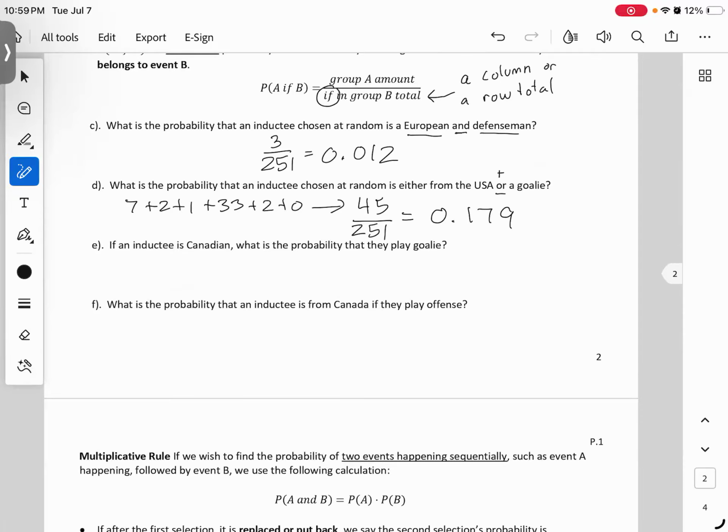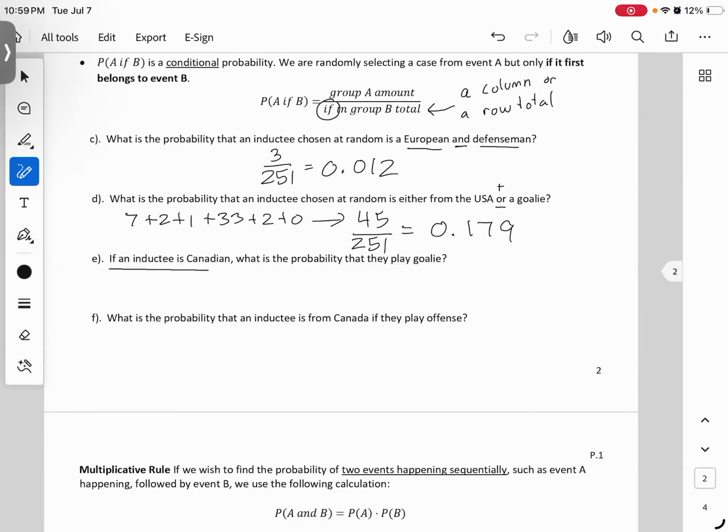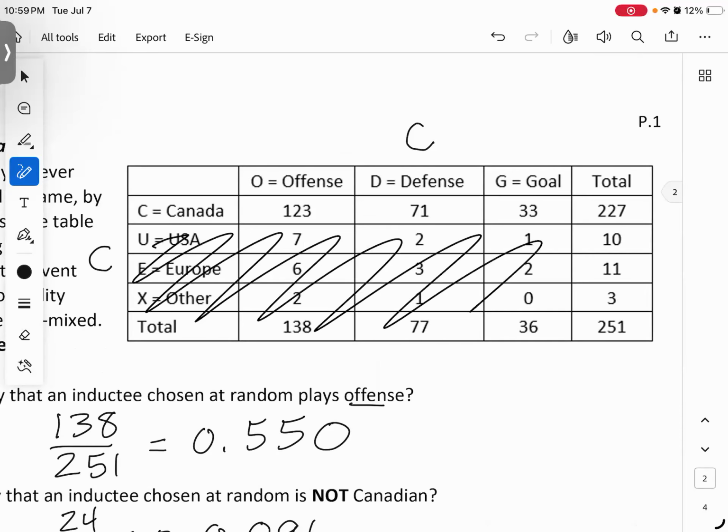Now, as I mentioned, that word if is the word that you have to focus in on. Like, if what? And so if we look at this next one, part E, it says if an inductee is Canadian, they only want you to focus on the Canadians. So we go up to the two-way table. For now, they don't want us to be looking at anything else. They just want us only to focus on the row Canadians, which would be 227 Canadians. That's going to be our denominator.